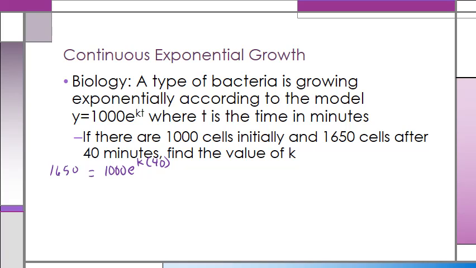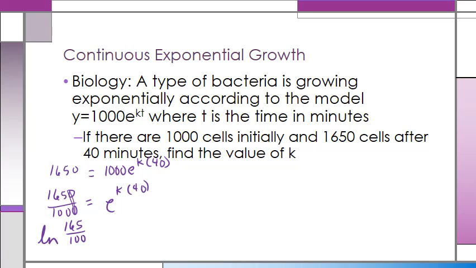Well, I can divide both sides of this by 1,000, then I'm going to get 1,650 over 1,000, and I can at least lop off a zero here, reduce it a little bit. I could reduce it further, but I'm not going to. That equals e raised to the power of k times 40. Now let's take the natural log of both sides. And so now we've got ln 165 over 100.